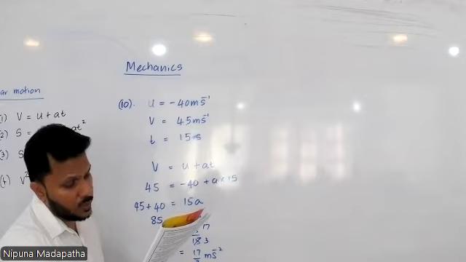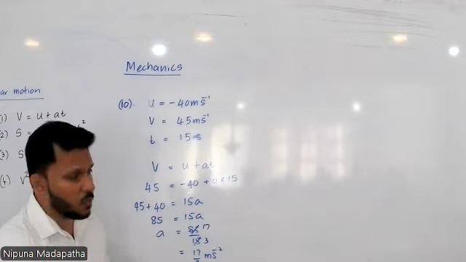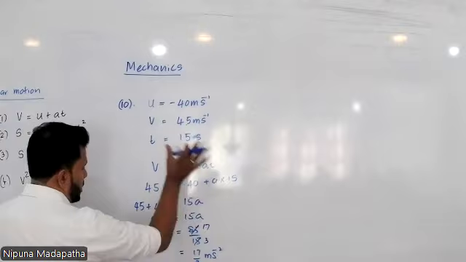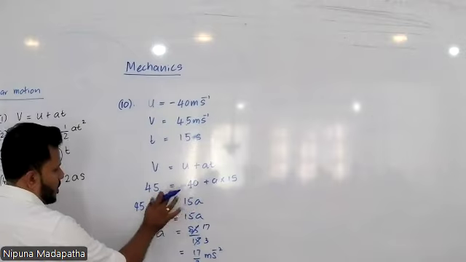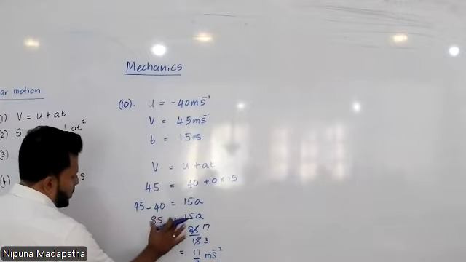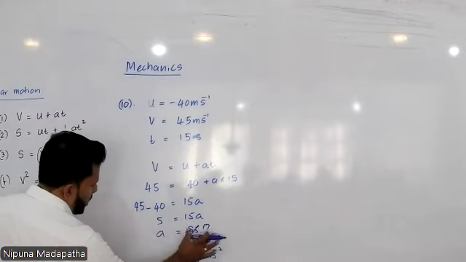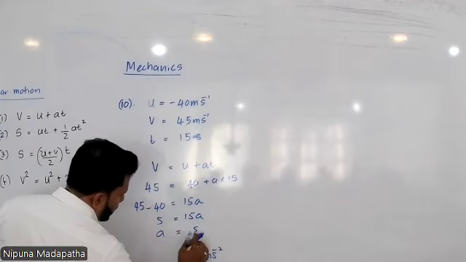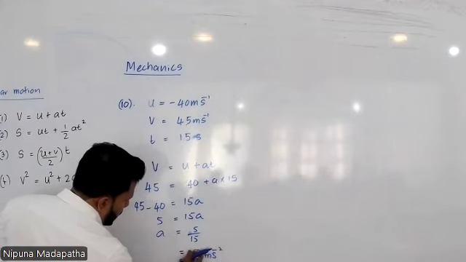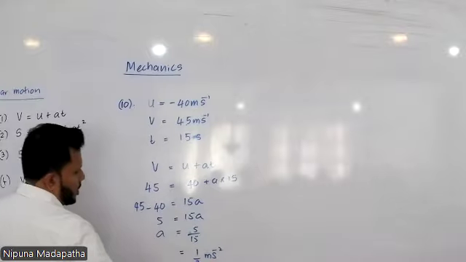So ultimately only the answer. This becomes negative, so it is 5. 5 divided by 15, 1 over 3.